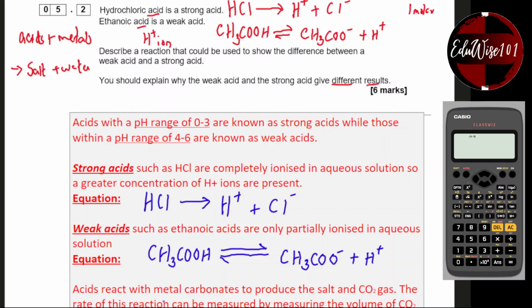Acids react with metal carbonates to produce the salt and carbon dioxide gas. The rate of this reaction can be measured by measuring the volume of carbon dioxide in a given time. Strong acids will have a higher rate of reaction compared to weak acids.